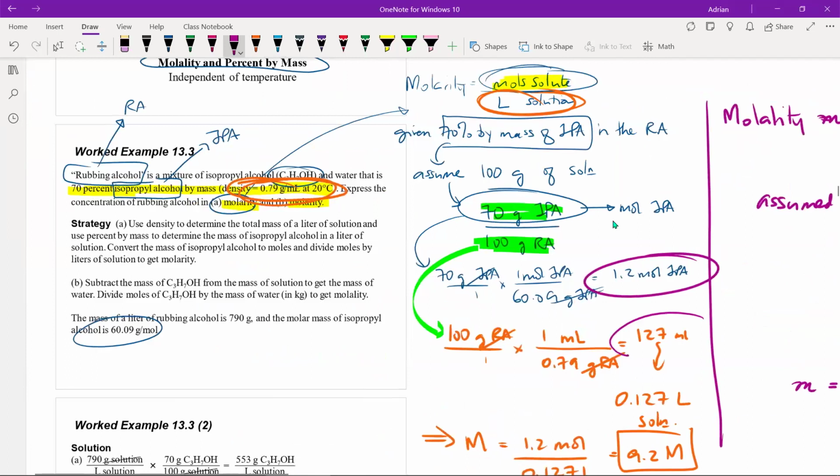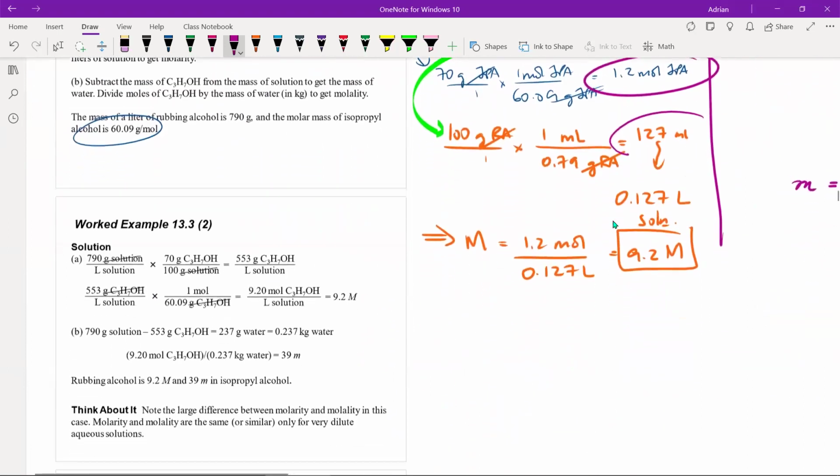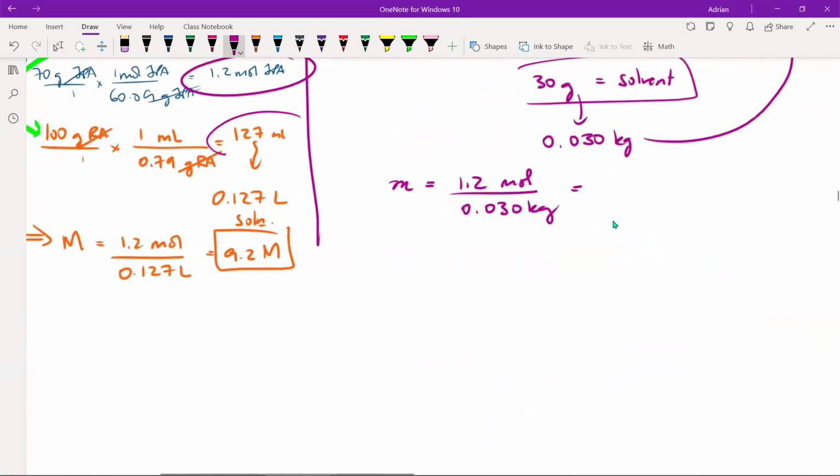Within a rounding error, that would give 39 molal. For the concentration in molality.